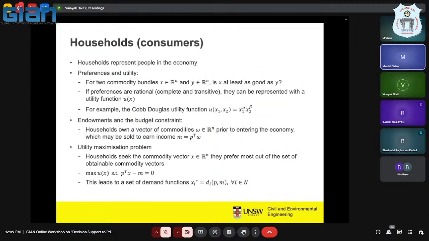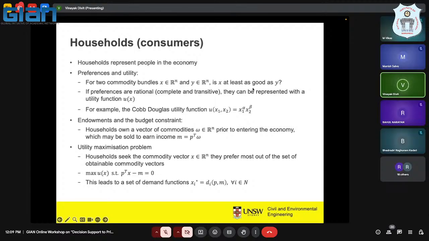There are two things. One is preference. Households represent people in the economy, and preferences and utility are the key representation of the households. Let's take an example of two commodity bundles, X and Y. Is X at least as good as Y?